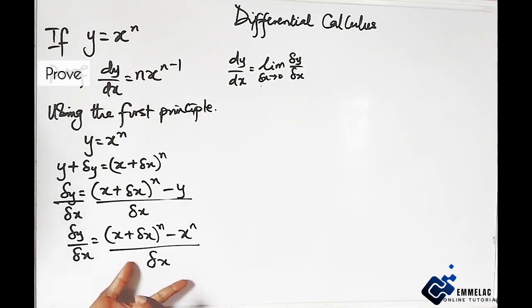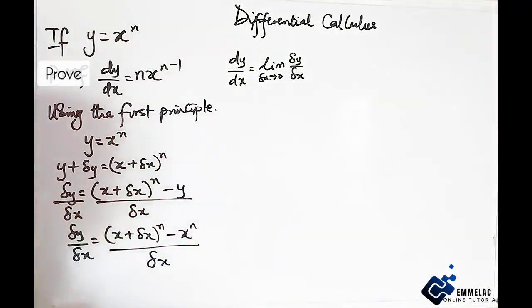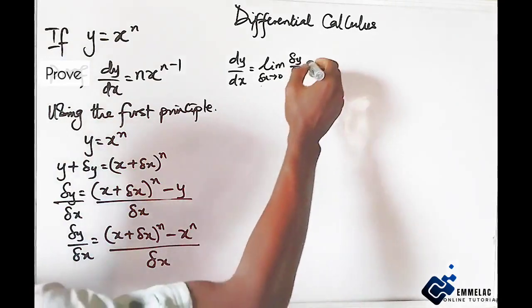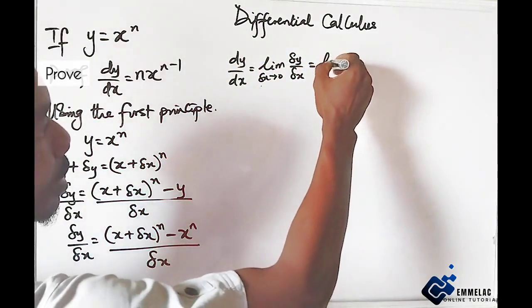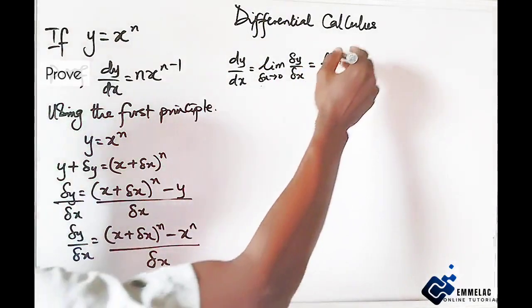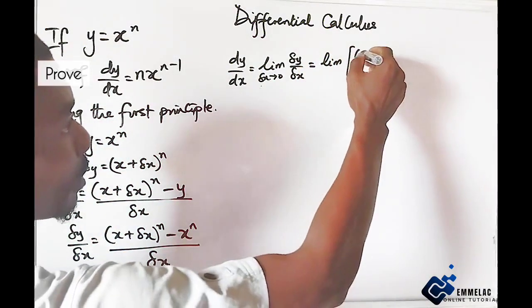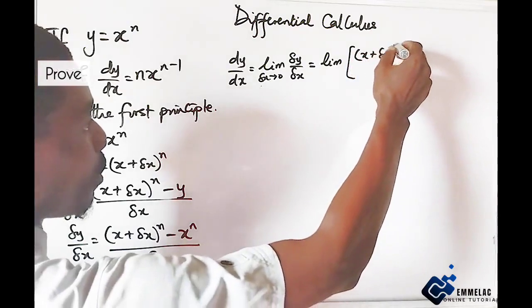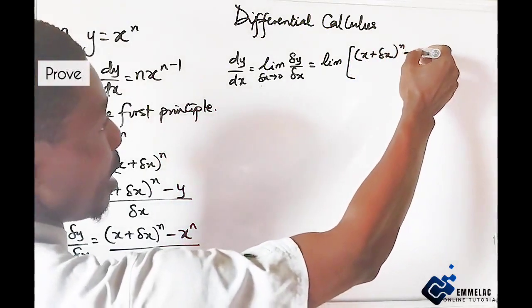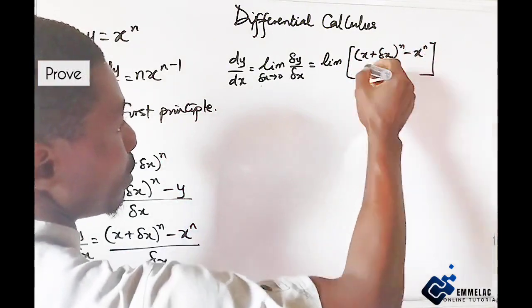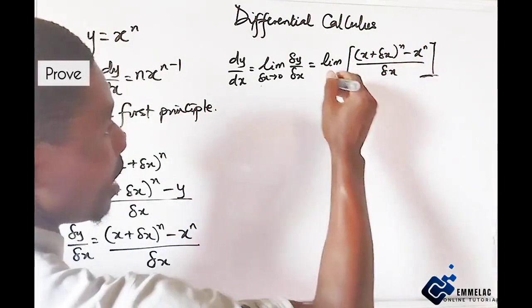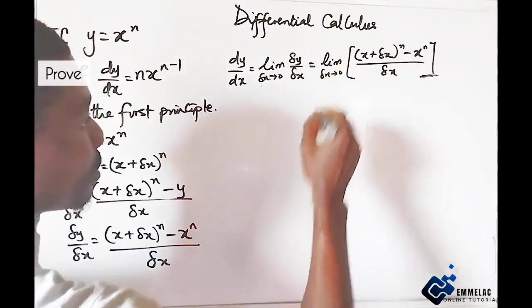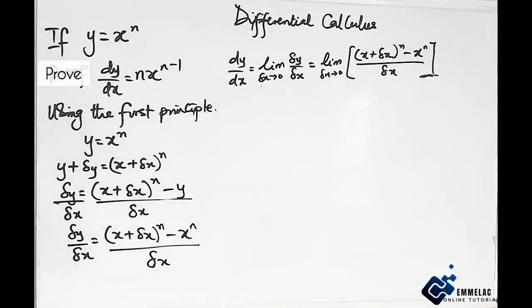So let us substitute this expression in the above equation. Here we have dy/dx is now the limit of x plus change in x all to the power of n minus x to the power of n, all over change in x, as change in x tends to 0.